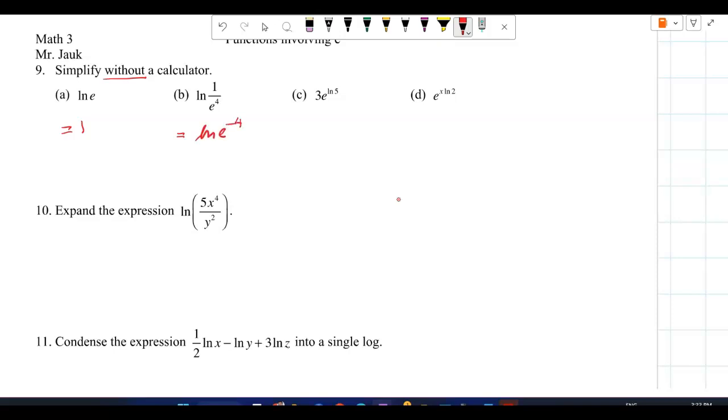That's minus 4 ln e. Next one: 3 e raised to ln 5. That's 15, because you remember e raised to ln x is x basically.